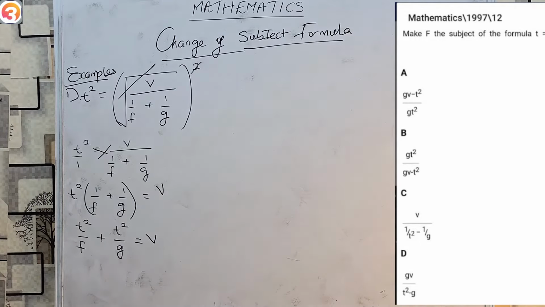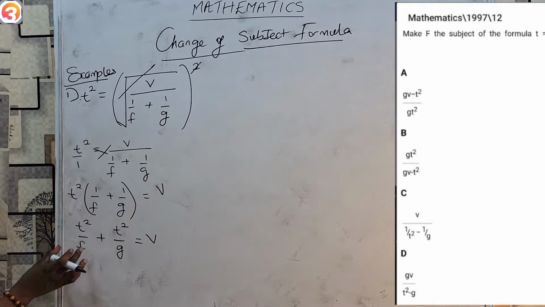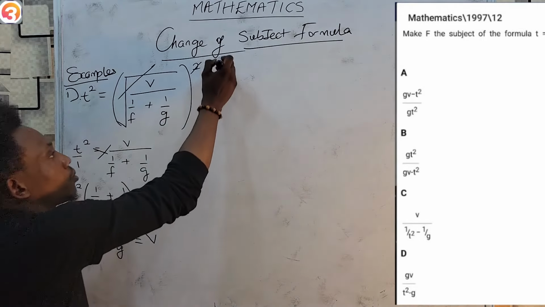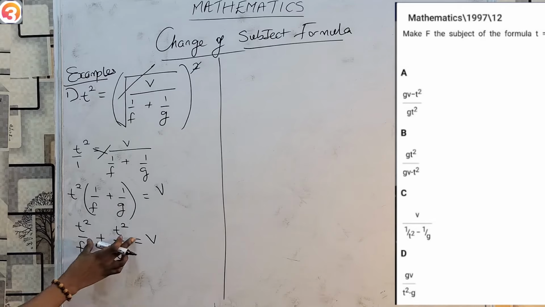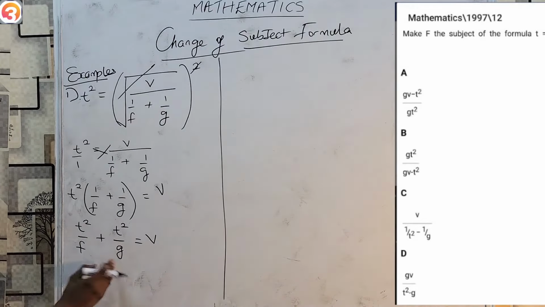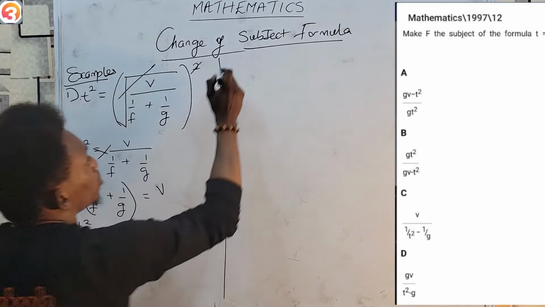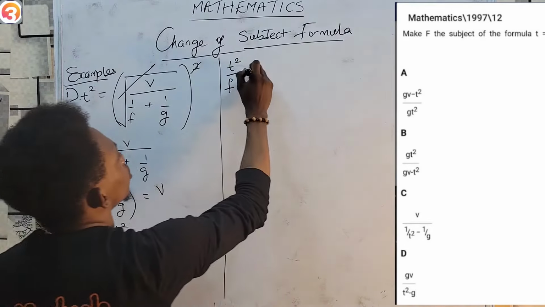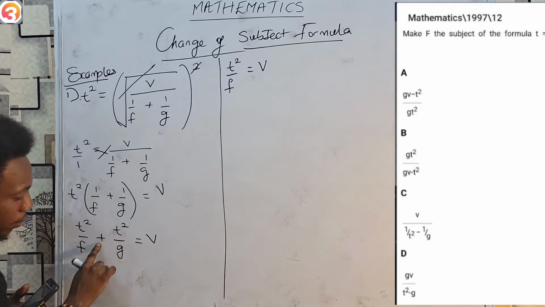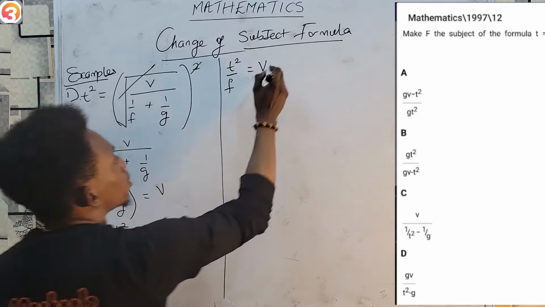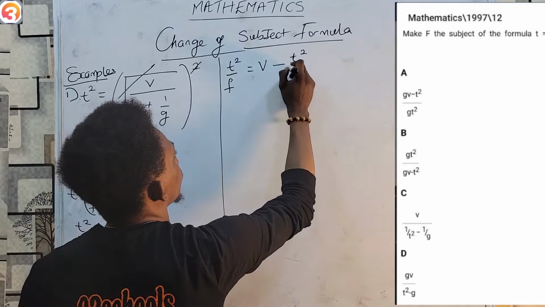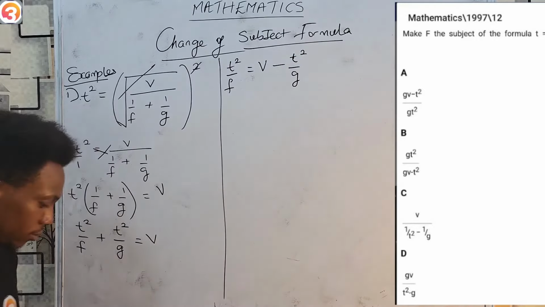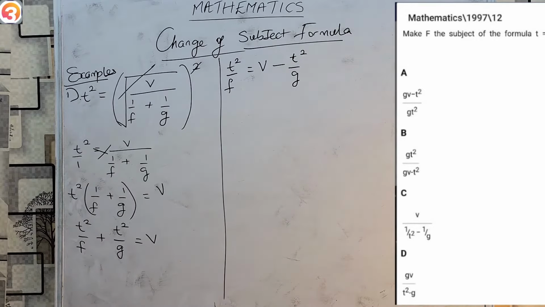I notice we've made progress. Now we have F, but the thing that's attached to F now is this T squared. So, first of all, this thing that has been added to it, let's remove it. Take T squared over G to the right. That leaves me with T squared over F equals V, then taking plus to the right becomes minus T squared over G. You see, very, very easy.